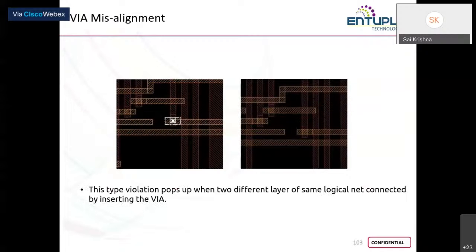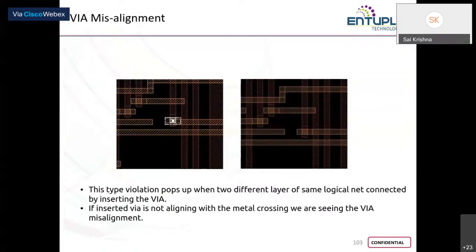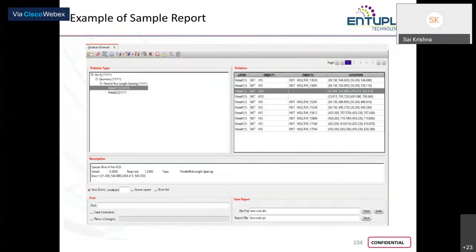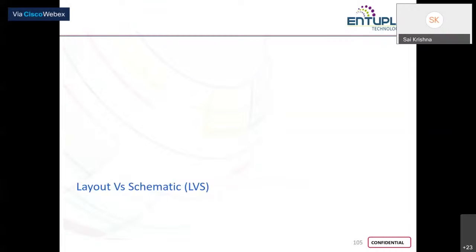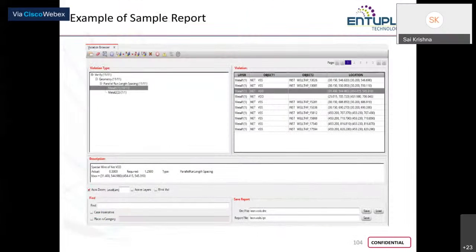And if any via is misaligned, that means during your routing, your tool might place your via out of coordinate, out of track, even that misalignment is checked. This is a sample report, very much analogous to your full custom Ashura DRC.